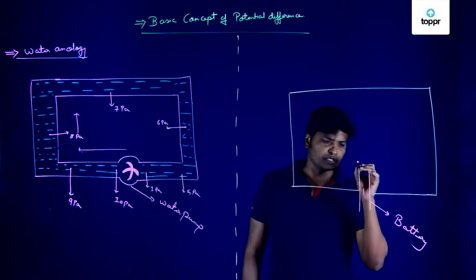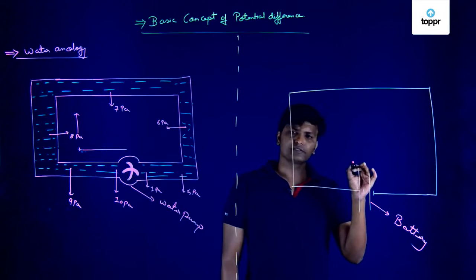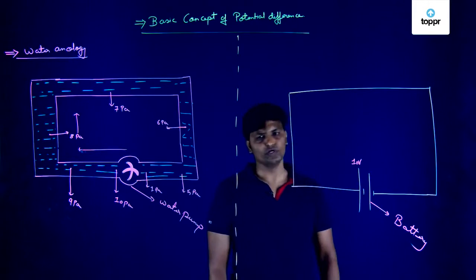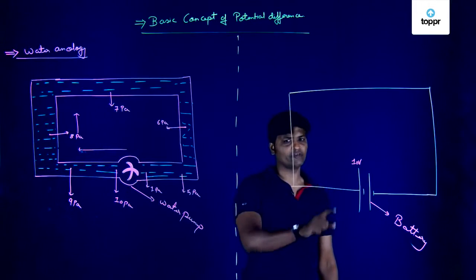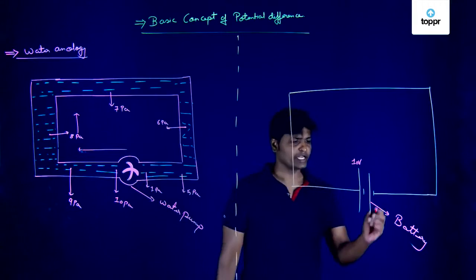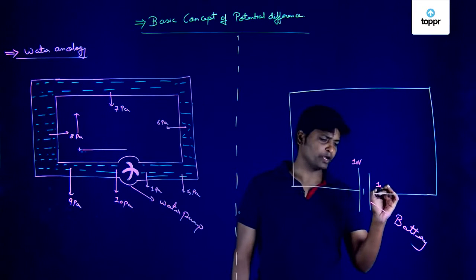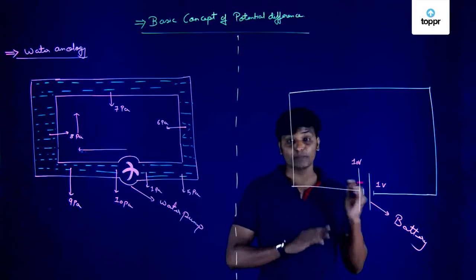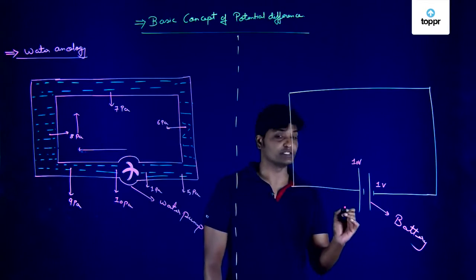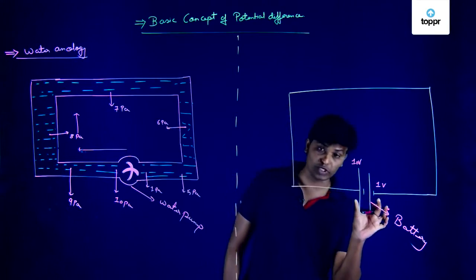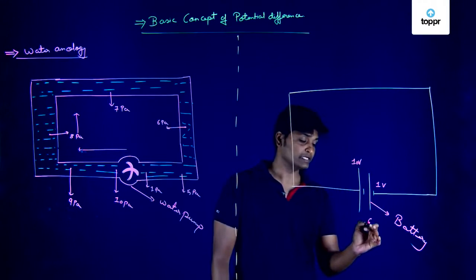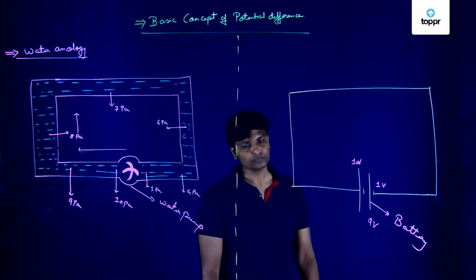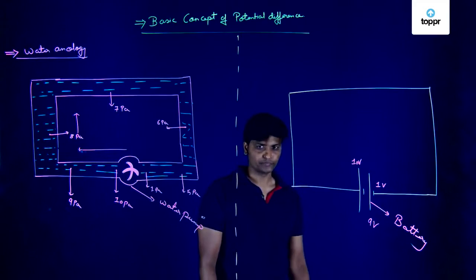Let's assume that this positive terminal is at 10 volt, having the potential of 10 volt. The negative terminal has the potential of 1 volt. So what is the difference in the potential? The potential difference across the 2 terminals of the battery is 9 volt. Okay.